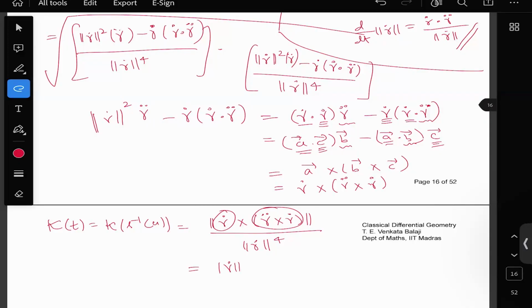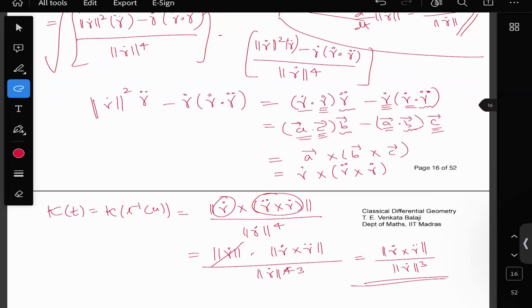So in this case it will just be the product of the moduli. So this is just going to be norm gamma dot times norm gamma dot cross gamma double dot divided by norm gamma dot to the 4, and then one of these will cancel and you get your formula for curvature. Okay, so we have finally arrived at the formula that we wanted.